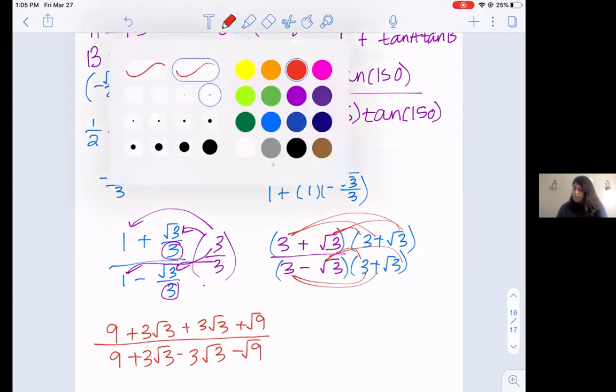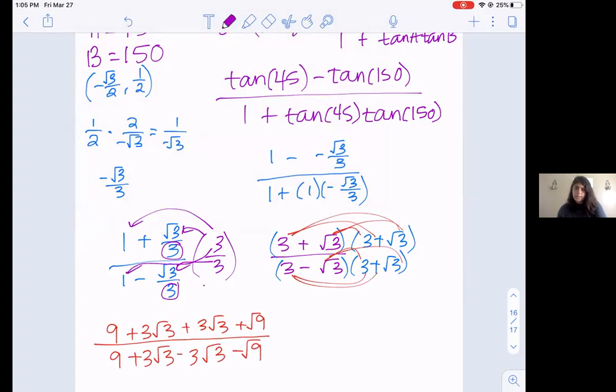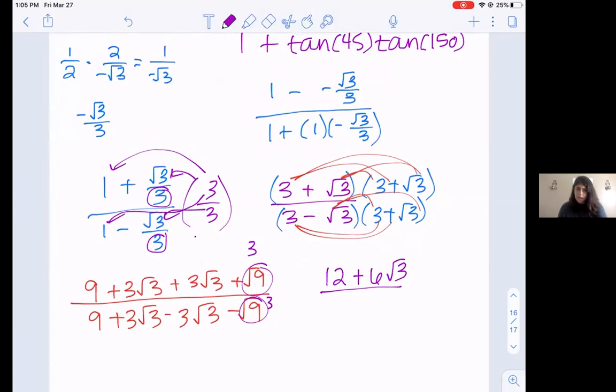I'm going to simplify my like terms and get rid of those radical 9s all at once. Radical 9, remember, is just 3. So 9 plus 3 is 12, plus 6 radical 3. Down here we've got 9 minus 3 is 6, and those two radicals cancel out.